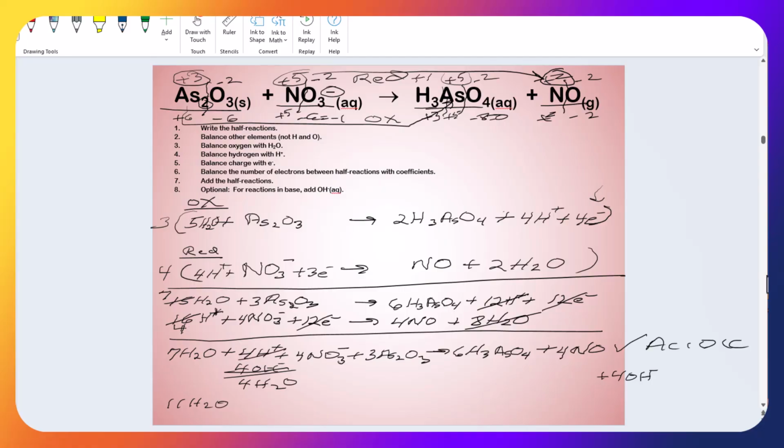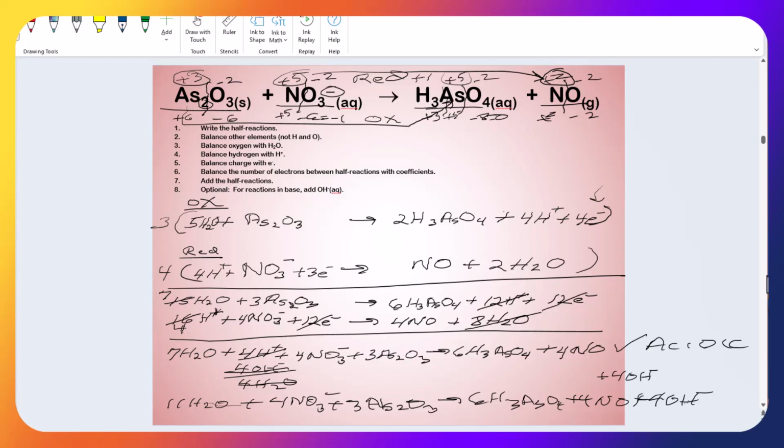These 4 hydroxides are gone, and now that I've accounted for these 4 waters, I have 7 plus 4, that's 11 waters, plus 4 nitrates, plus 3 As2O3, and that gives me 6 H3AsO4 plus 4 NO, and then I've got my 4 H plus, my 4 OH minus.